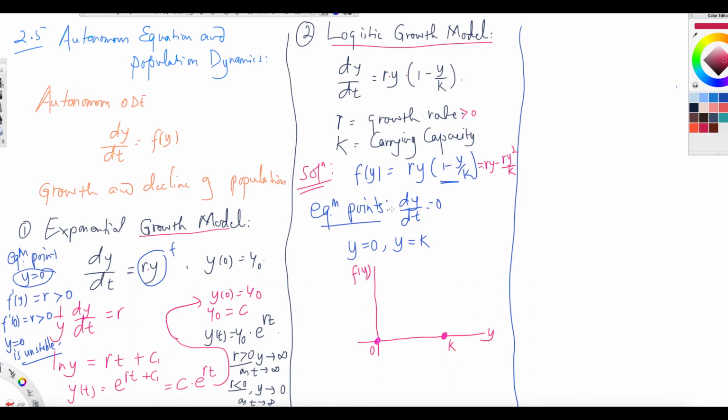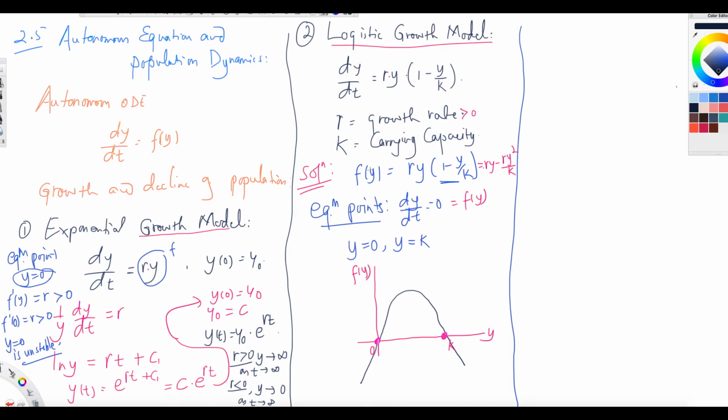Now, when you set f of y equals 0, or dy over dt equals 0, we got y equals 0 and k. That is basically the intercepts, so it is an opening-down parabola, right? You can expect a graph like this. Why? Because f of y is a quadratic with a negative leading coefficient.